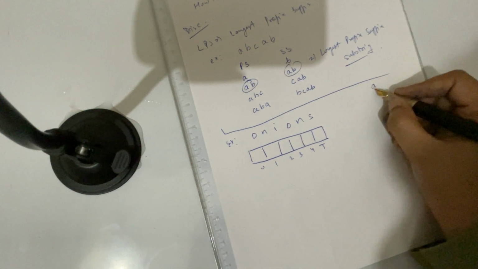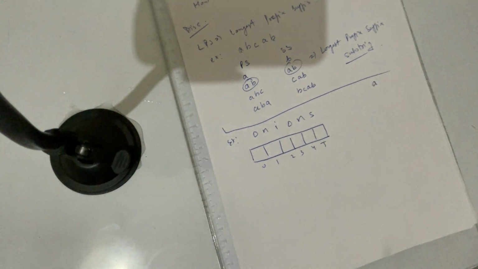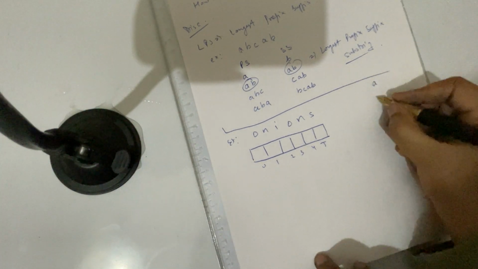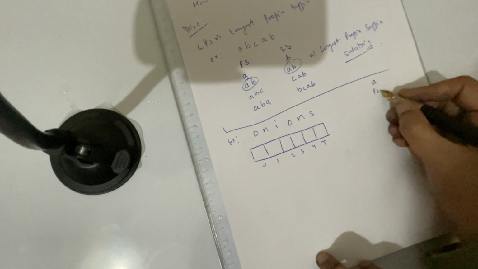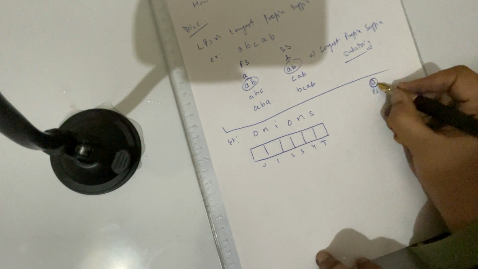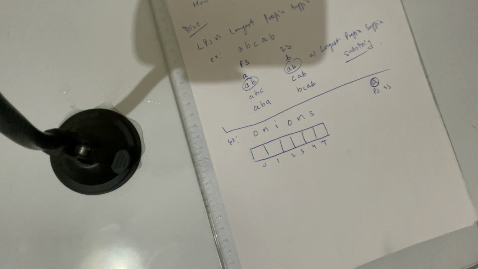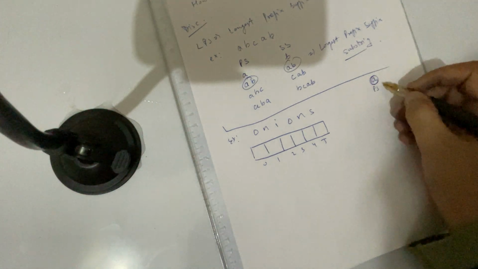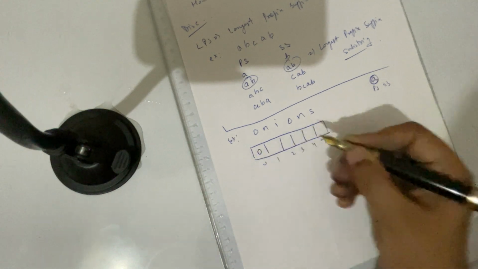Can it be a prefix substring or a suffix substring? It cannot, because for a prefix substring I cannot include the last character, and for a suffix substring I cannot include the first character. So for a single character there is no longest prefix suffix, and the LPS is always going to be 0.